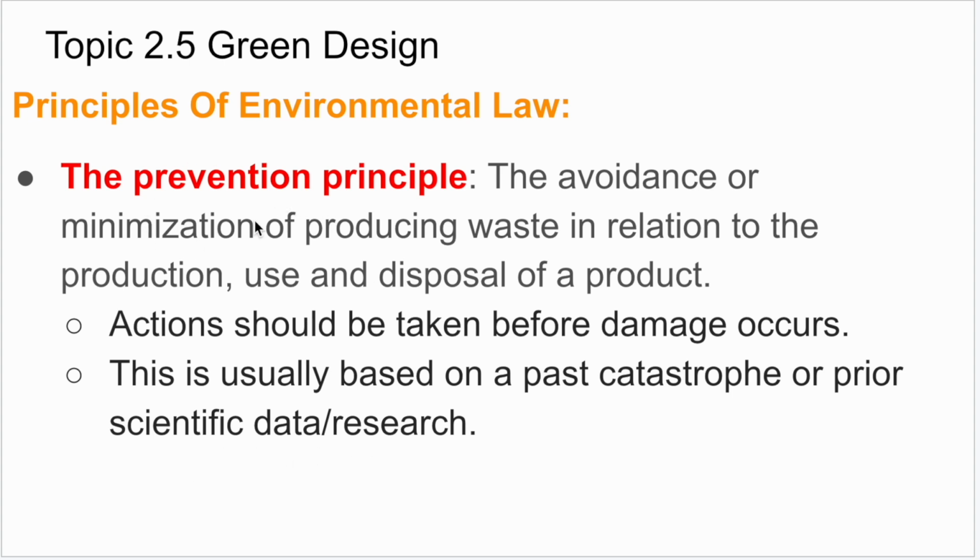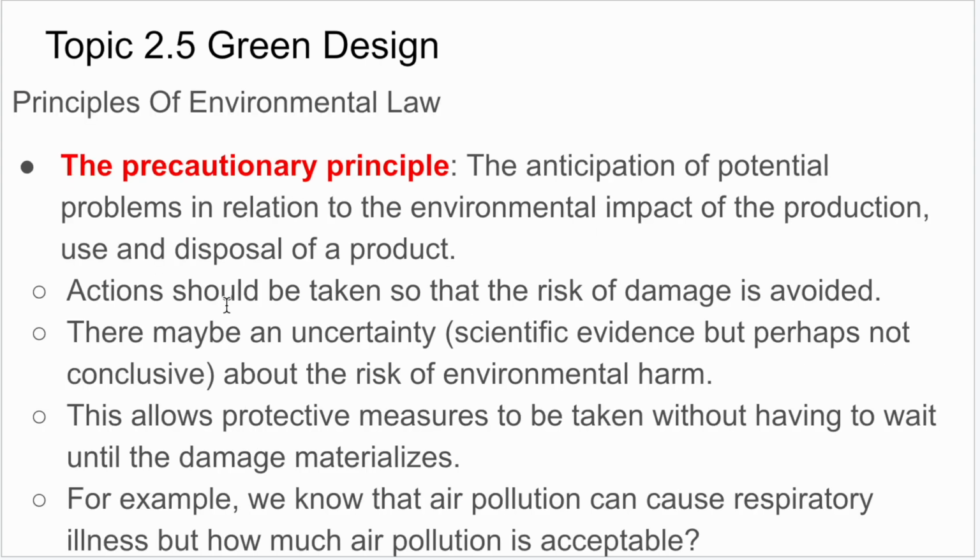If you think of this as an allegory of human disease, it's better to prevent a disease than try to cure somebody after they have it. For instance, if you can vaccinate somebody against measles, it's better than trying to cure them once they get measles. So we want to prevent environmental damage before it happens, not try to mitigate or address it after it happens.